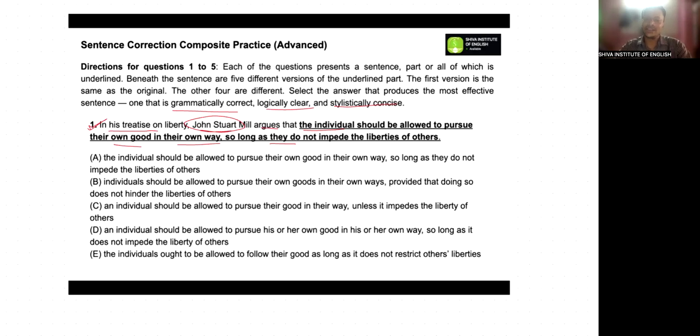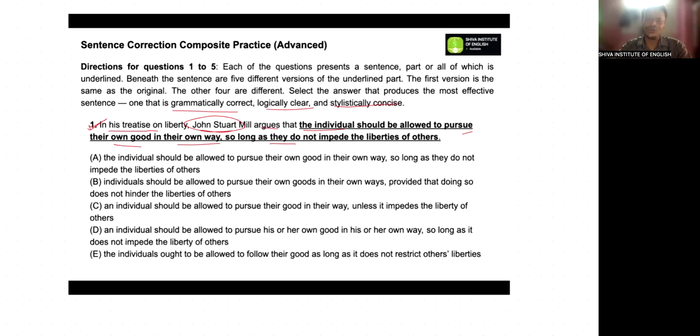Look at the statement. It is saying that John Stuart Mill is stating what people should be free to do. People should be allowed to pursue their own good in their own way. So people are free to do what is good for them. Here it is stated own good, which means what is good for them.